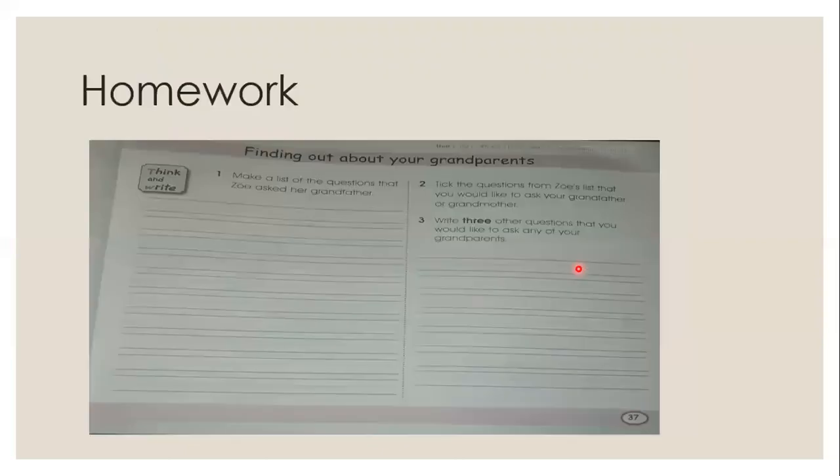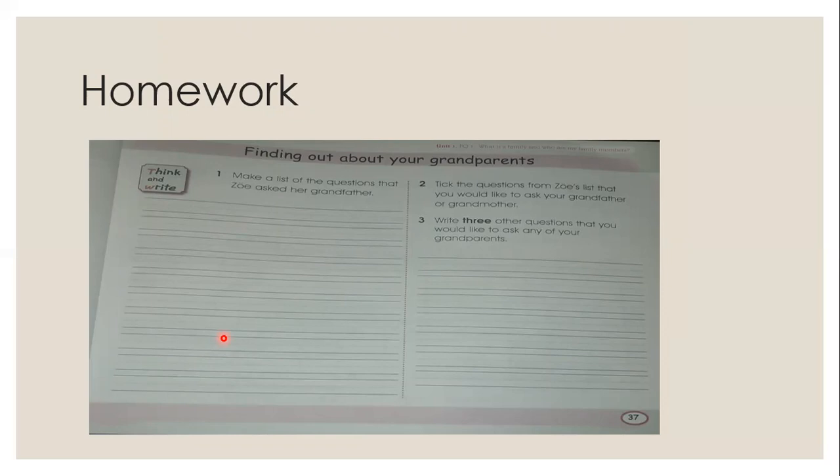All right, so on page 37, you're going to make a list of the questions that Zoe asked her grandfather. Right here, you're going to write down all the questions that Zoe asked her grandfather. Then you're going to tick the questions from Zoe's list that you would like to ask your grandfather or grandmother.